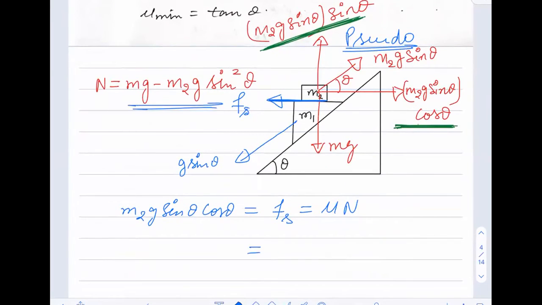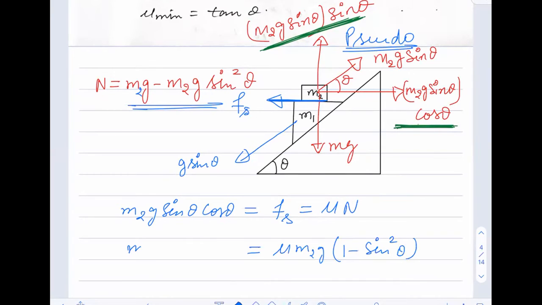So what will be the value now? Mu into N, where N is m2 g, this is m2 actually. I'm taking m2 g common, and in the bracket you'll have 1 minus sine square theta.